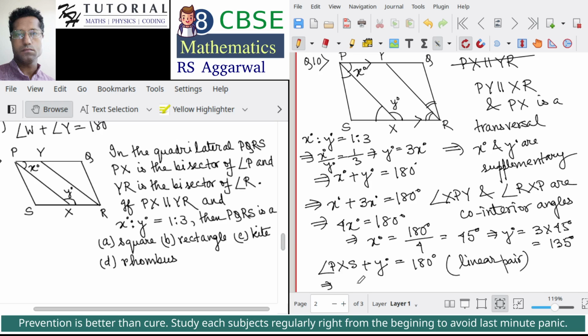Now this implies what is angle PXS? So we have angle PXS will be equal to 180 degree minus y degree. This is equal to 180 degree minus 135 degree, which is equal to 45 degree. So we are having PXS is also 45 degree.